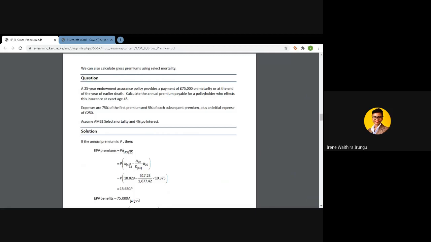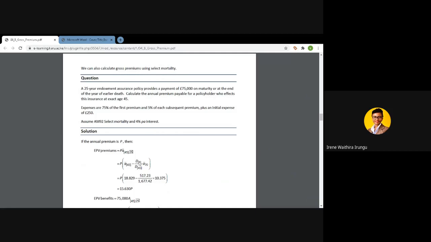If we substitute, my first case, that is ä_x, will be ä_[45], and it will remain select because this policy is issued to this life aged 45 when their life is actually select. So our select duration here is 0, and the life continues to be select.